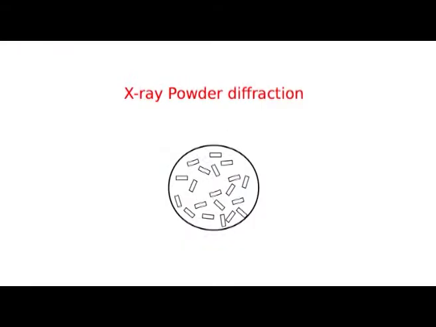Now, let us look at how a powder diffraction pattern works with the help of this cartoon. Imagine that I am taking a group of crystallites or a powder sample randomly distributed on the focus of the X-ray. I put X-ray radiation onto the crystallites.